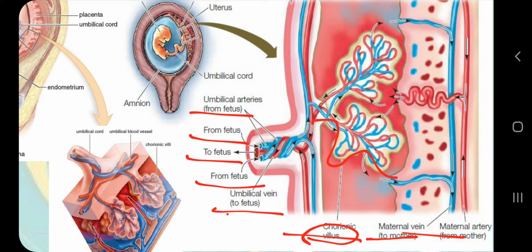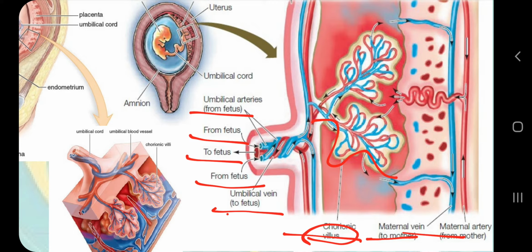Gas exchange, nutrient exchange, or any other exchange happens with the help of very thin layers, which are called the layers of blood capillaries, or layers of alveoli in lungs, or villi and microvilli in the intestine, or many places. So here this thing is also true.